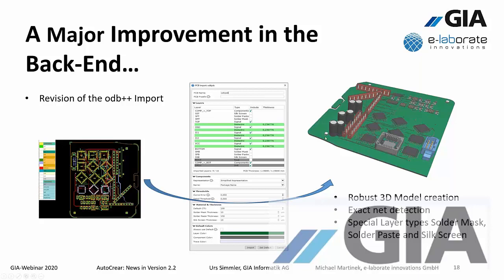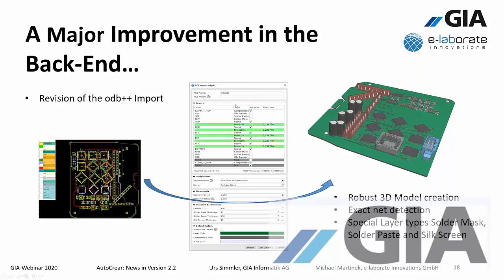And also the computation is massively affected by this improvement because we store adjacency information between layers, and this makes the clearance and creepage computation on the PCB much faster than before.